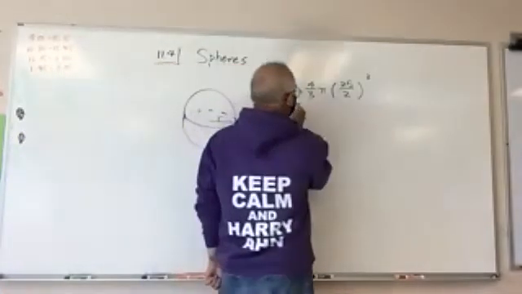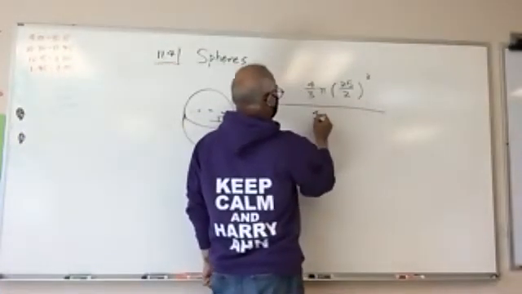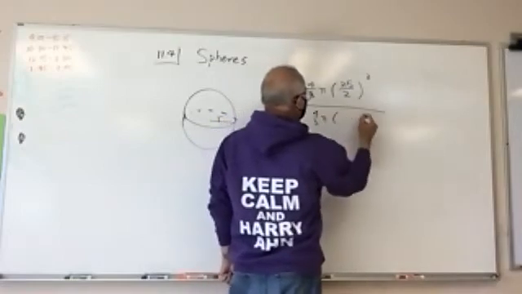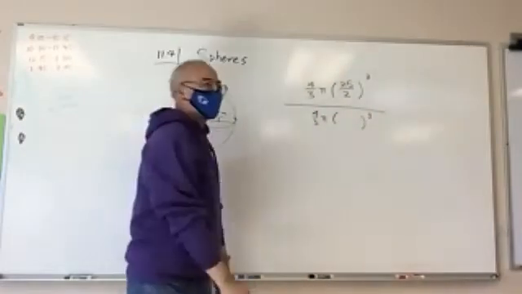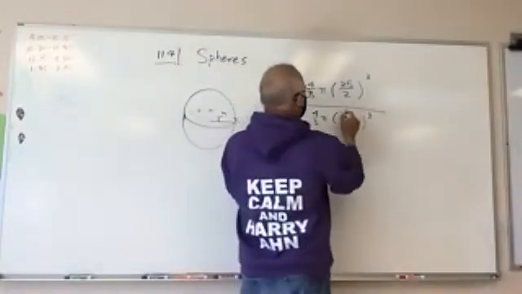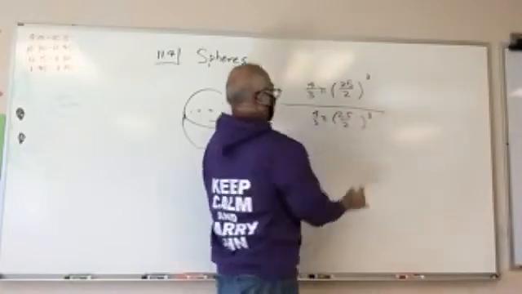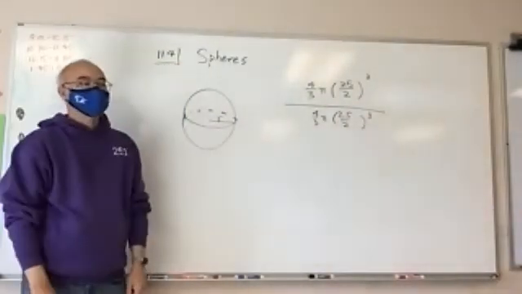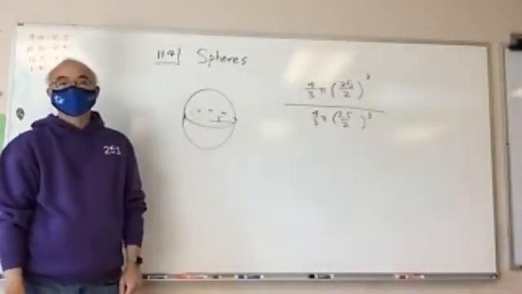The volume of a human eyeball is what? 2.5 divided by 2, right? We're trying to find the ratio here, how many times.